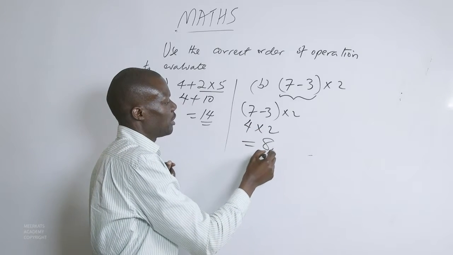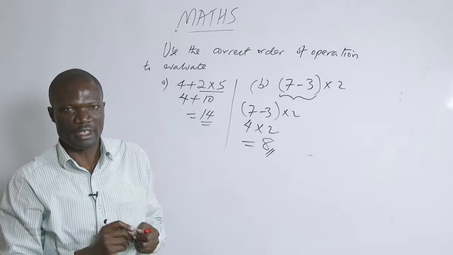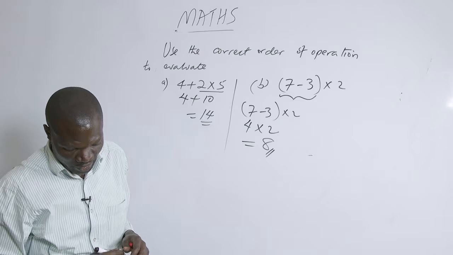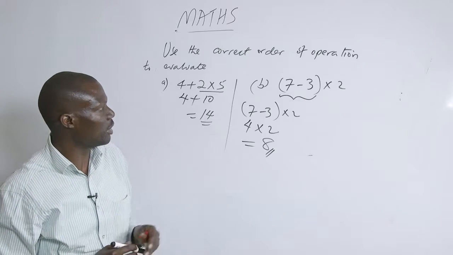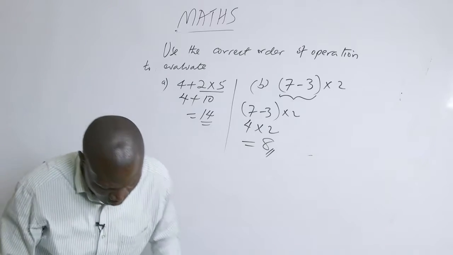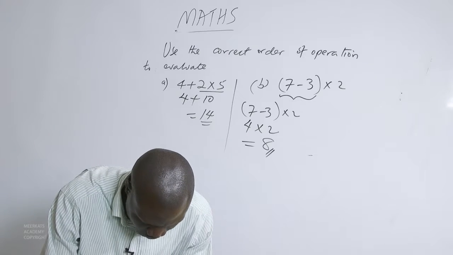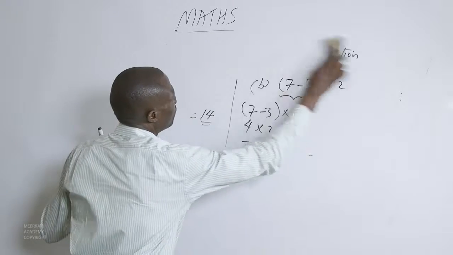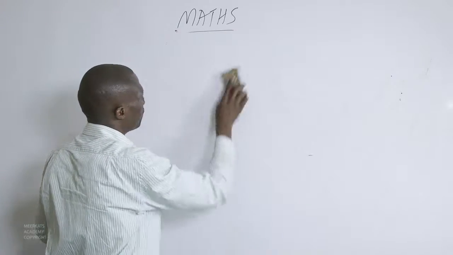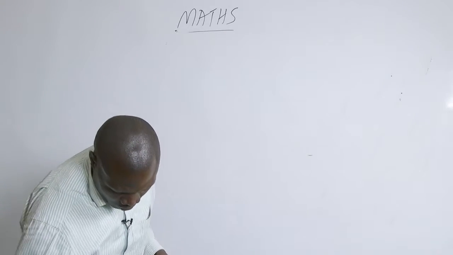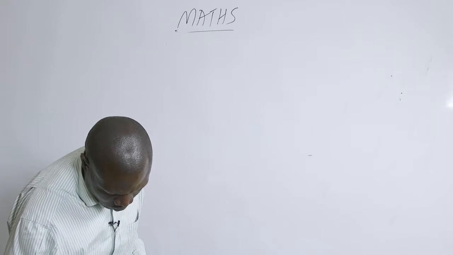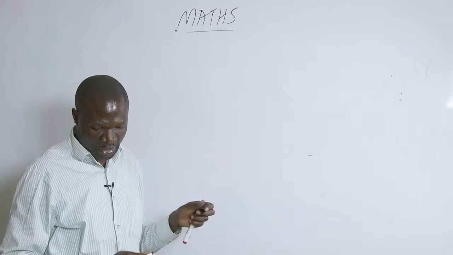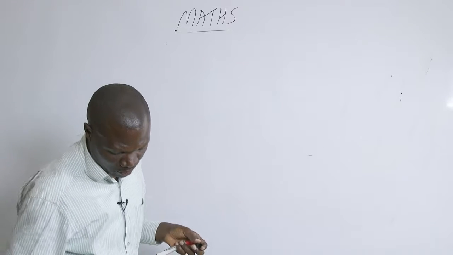You find that your answer is simply 8. So we must observe the order every time we are working out a set of operations. Now, having said that, let us look at the following problem.